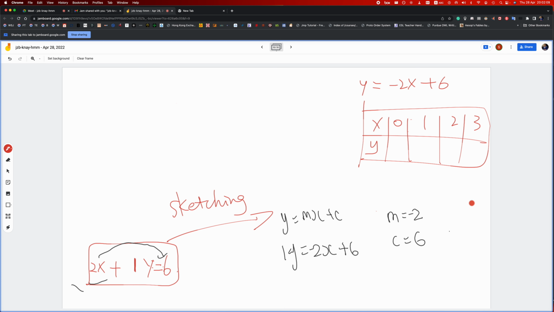So what is your y value when x equals 0? You are sketching for this one, by the way. What's your y value when x equals 0? Very good. Continue. When x equals 1? Good. Go ahead.